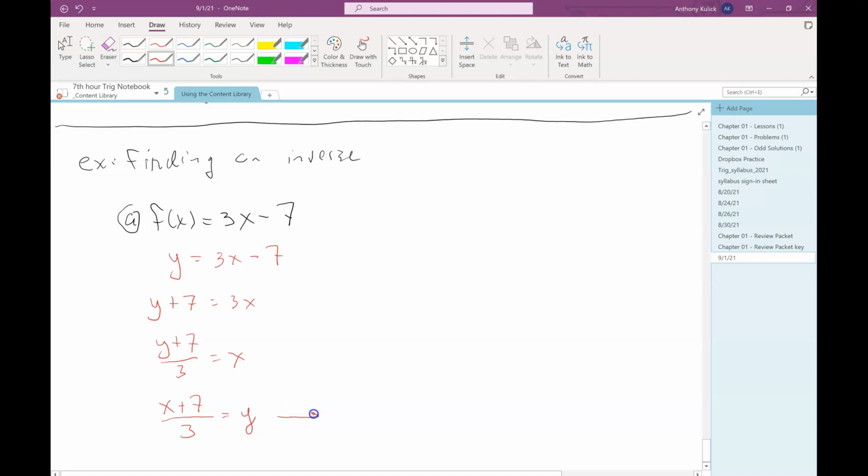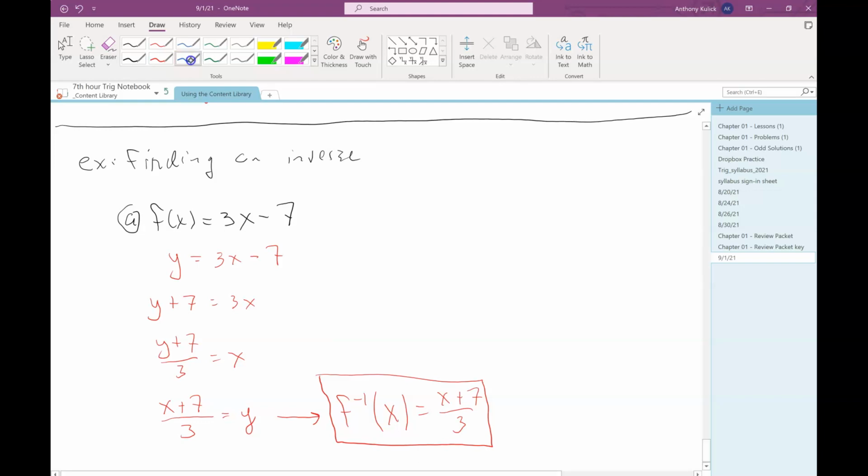And then I'm going to put that back into function notation and call it my inverse. That's it.